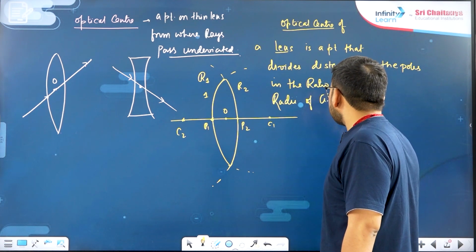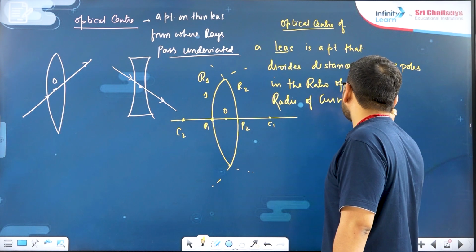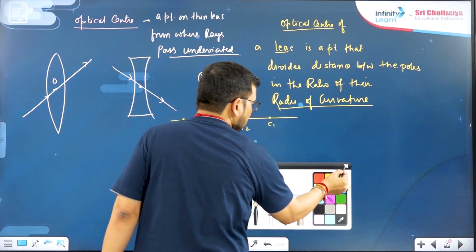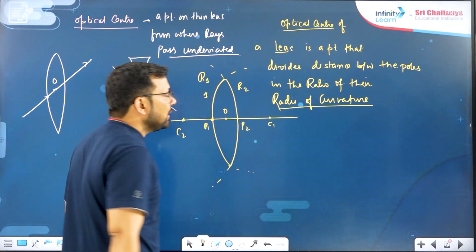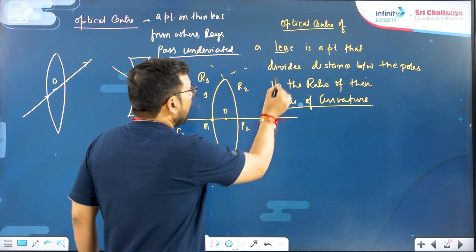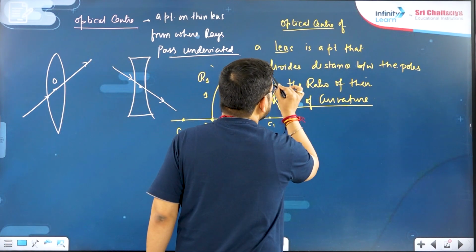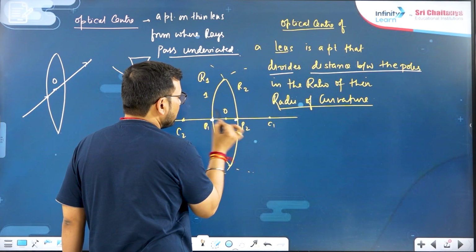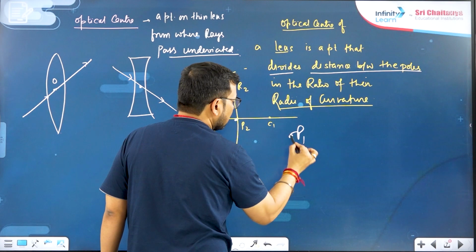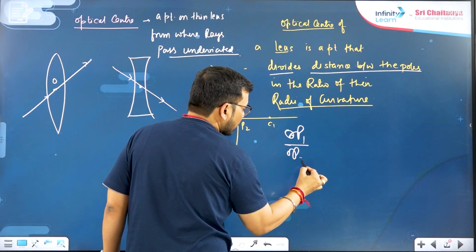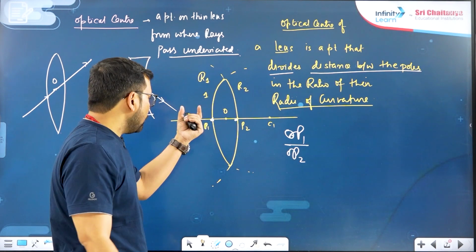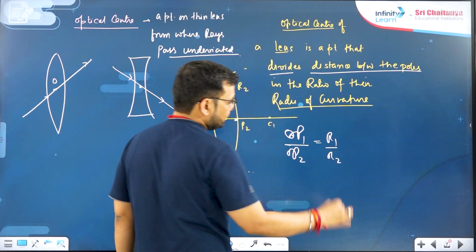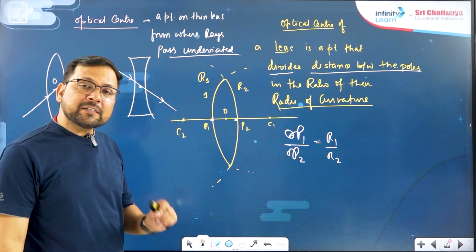Got it? Now, optical center is a point that divides the distance between the poles. This is one pole P1, this is the other pole P2. So OP1 upon OP2, where O is the optical center, will be R1 upon R2. Got it? That is the proper definition.